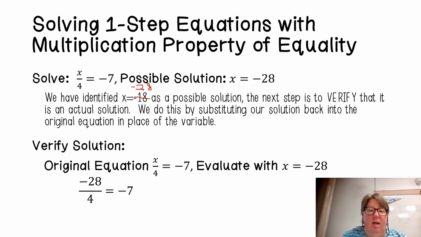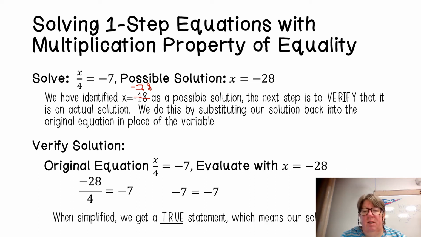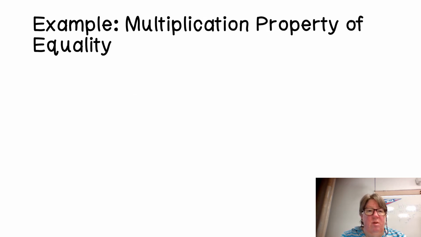If I simplify -28 divided by 4, I get -7, which tells me that that is a true statement. -7 is always equal to -7. So this is a solution. So x equals -28 is a solution.